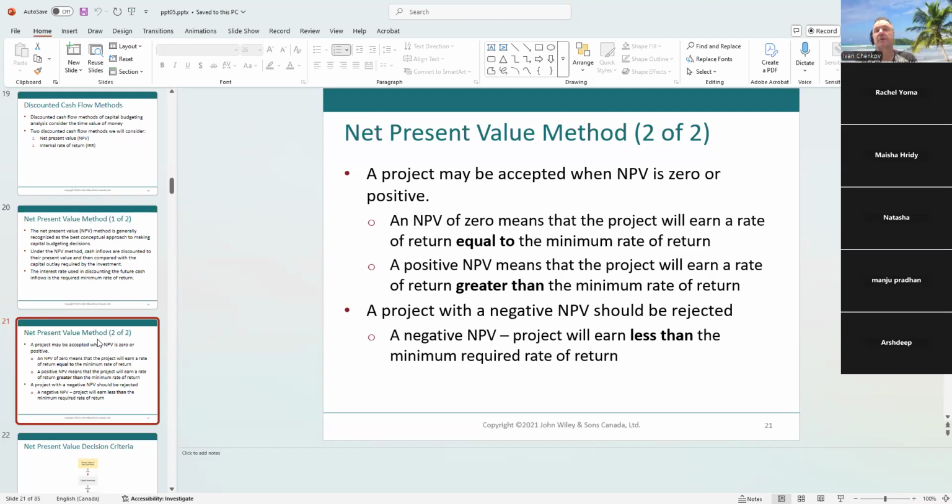If we generate a positive net present value, it simply means that the project will earn more than the required rate of return, or the rate that we're using as a discounting the future cash flow. And if the project ends up with a negative net present value, that means the project will not reach it, or is going to get less return than the minimum required rate of return or the discounted rate that we use for our calculation.